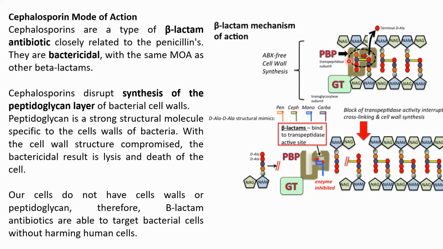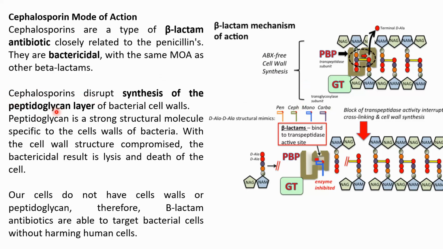Here you can see the red color means alanine and the purple color means lysine. When they get cross-linked, they provide strength to the peptidoglycan layer. Here you can see these two are the peptidoglycan layers. But the cephalosporin will bind with this penicillin binding protein, which will inhibit the cross-linking.